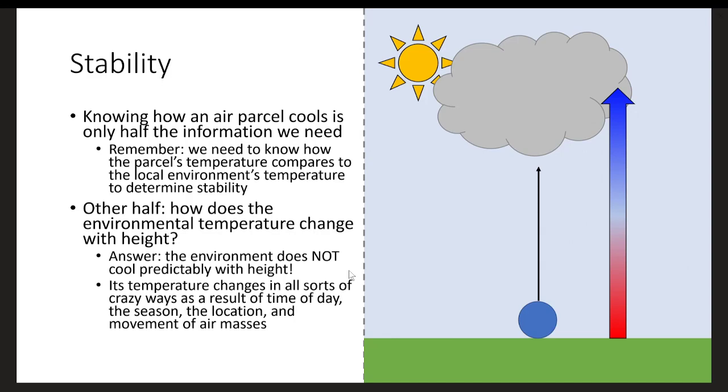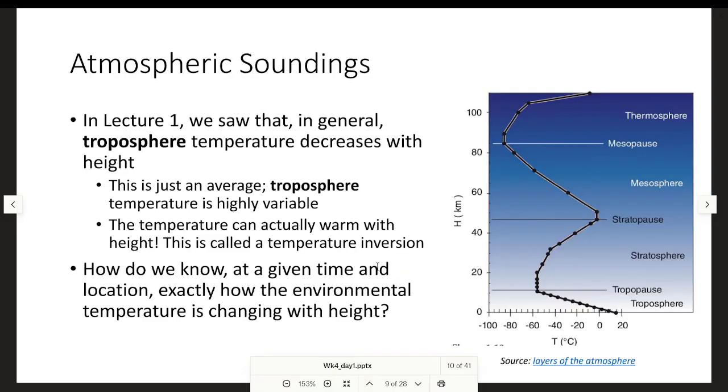It's like using a balloon to forecast the future. That's kind of awesome. Okay, and that's right where we're going: atmospheric soundings. Sounding is another name for weather balloon data. In lecture 1, we saw that in general, the troposphere temperature decreases with height.